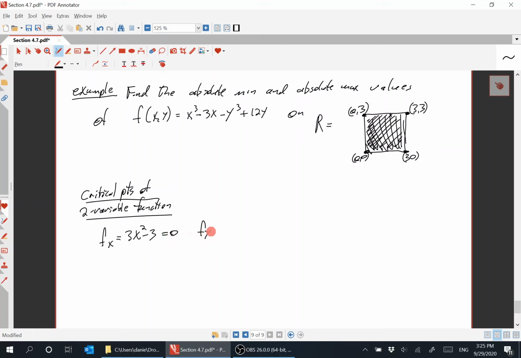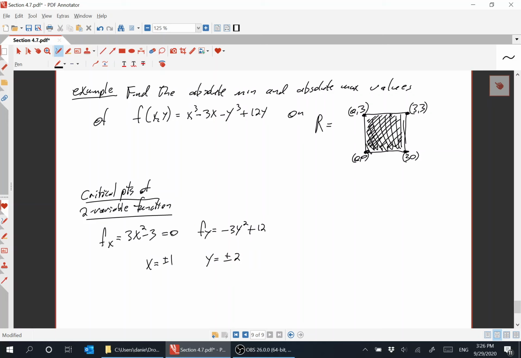And then f_y is minus 3y squared plus 12. So here, this gives us x equal to plus or minus 1. This gives me y equal to plus or minus 2.